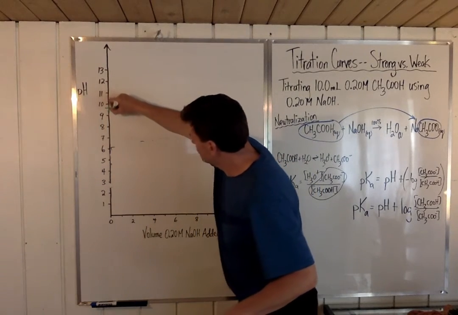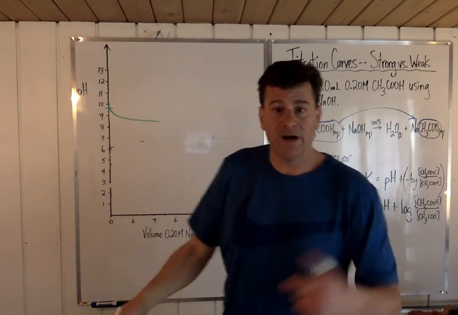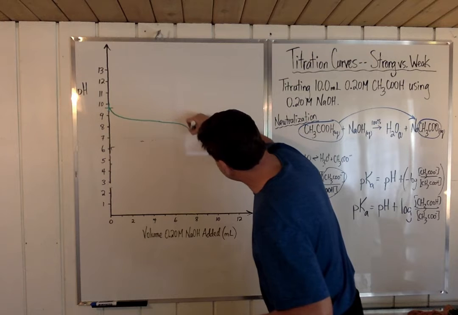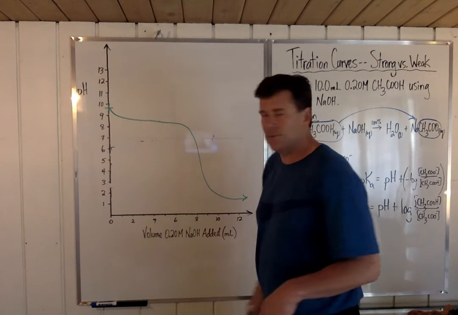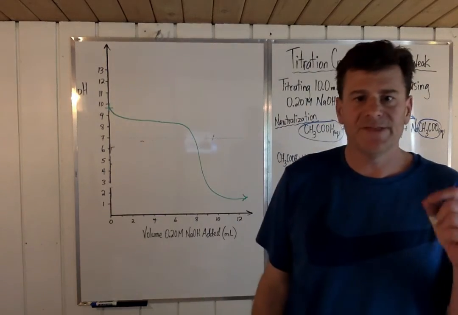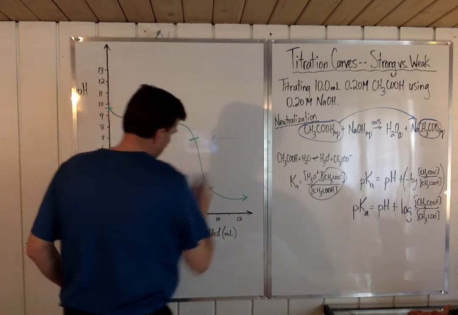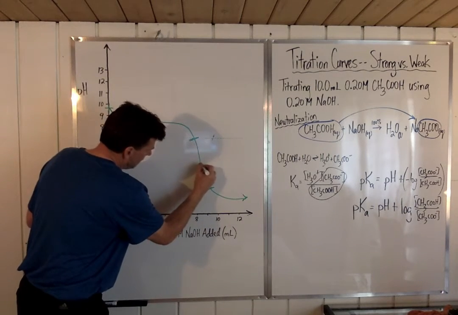It would have an initial drop probably. It would have a plateau, which would be your buffer section. It would then start to lose its buffering capacity and it would drop. And then it would go down there. The middle of the steep section would be about right there.